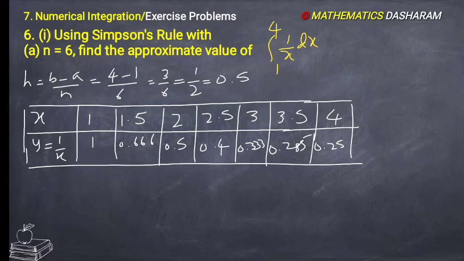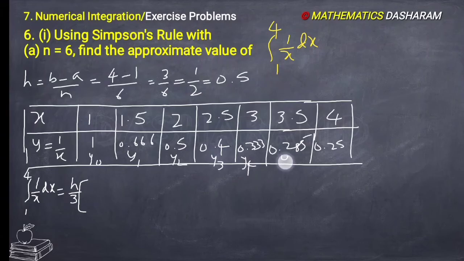Now Simpson's rule: the integral from 1 to 4 of 1 by x dx equals h by 3 times the bracket of, here it is y0, y1, y2, y3, y4, y5, y6.